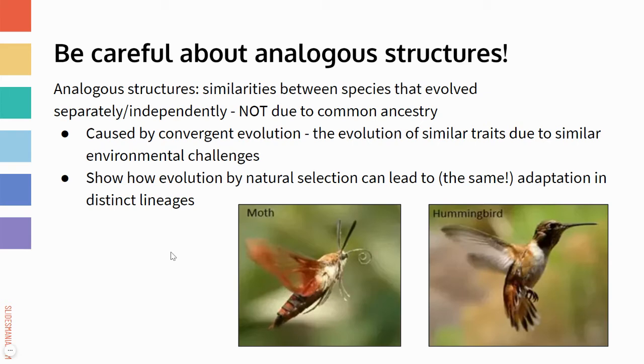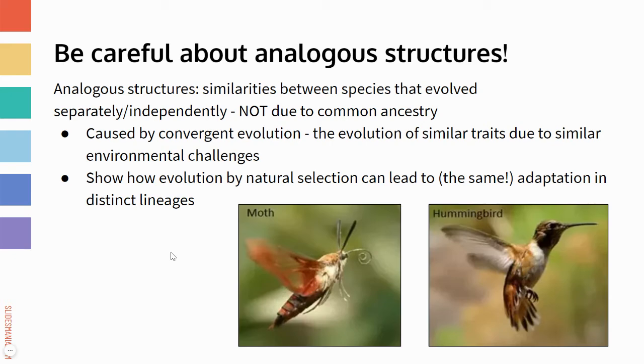Another example we can think of is the tail fins of whales versus fish. They look kind of similar. They both have tail fins that flap in the water and help them swim. But we just talked about how whales came back into the water after they'd been on land. So those two traits are not going to be from a common ancestor.